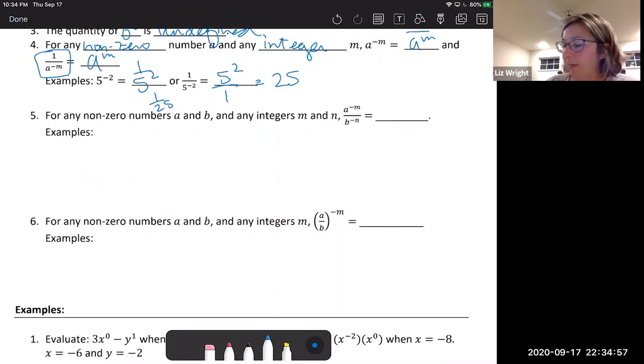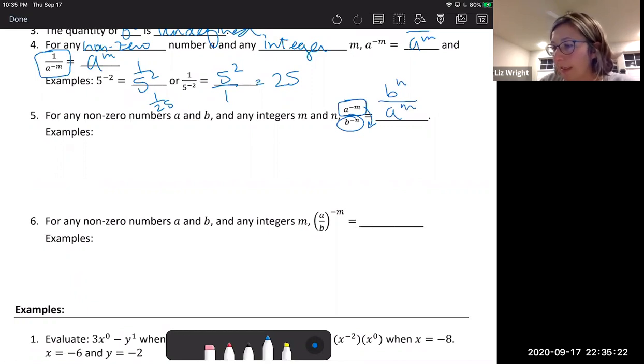So if we've got any integers M and N, and we have A to the negative M over B to the negative N, our result, if we want to rewrite this so it has a positive exponent, we would put B to the N in the numerator, right? And then if we want this one to have a positive exponent, it moves down to the denominator. And so it would be A to the M. And that's how you're going to apply that rule.